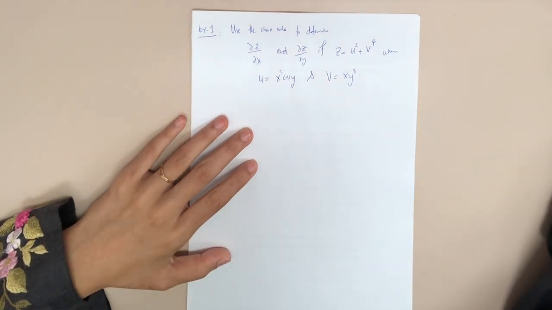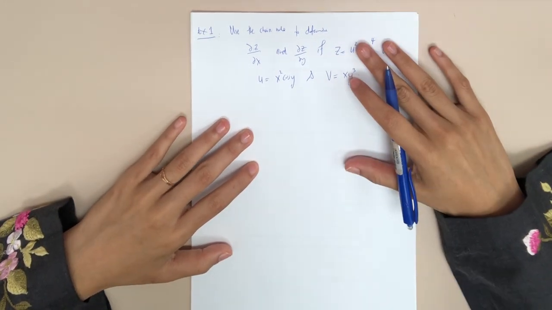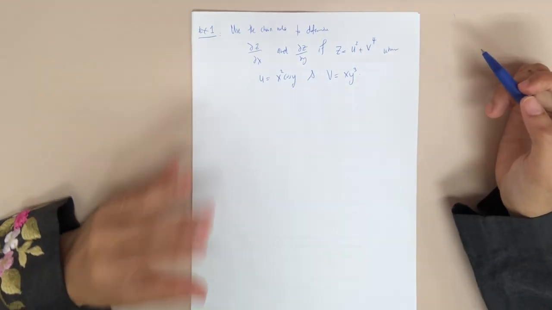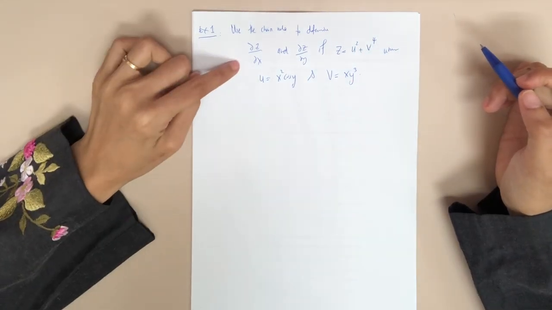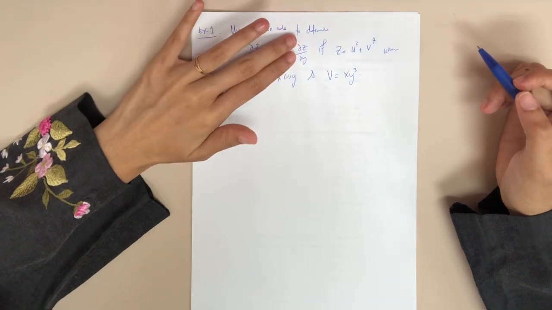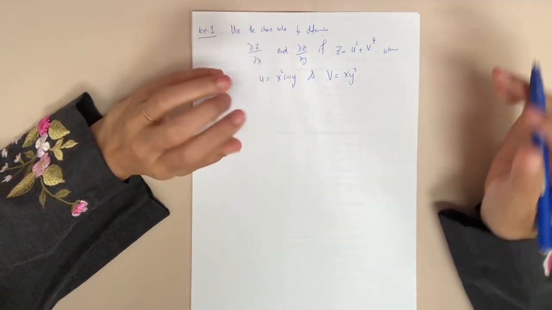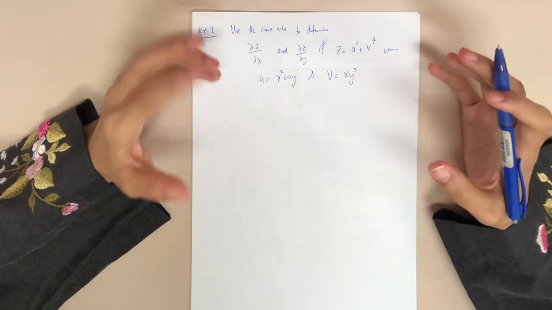So this is the question. The question asks you to find dz/dx and also dz/dy, so we are already clear on which differentiation we want to find.